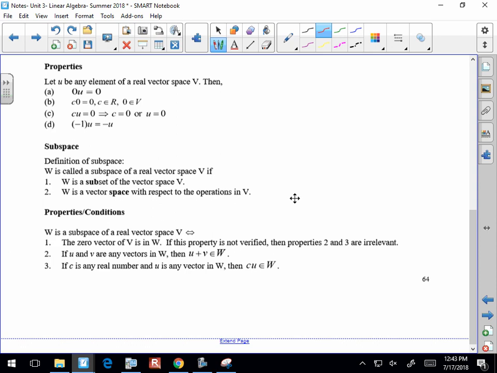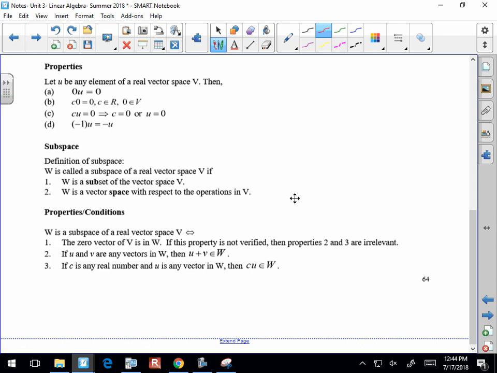W is a subspace of real vector space V. Okay, so you have your vector space, which is going to be more encompassing, not necessarily all of real space, but it could be, or it could be itself a subset of real space. Zero vector of V is in W. That's the first property or condition that needs to be in place. Right? If you don't verify that, then you don't even bother with anything after that. Right? So the zero vector has to be in your subspace, it has to be in your set, in order to be a subspace. Right? So if the zero vector is not there, it's not a subspace.